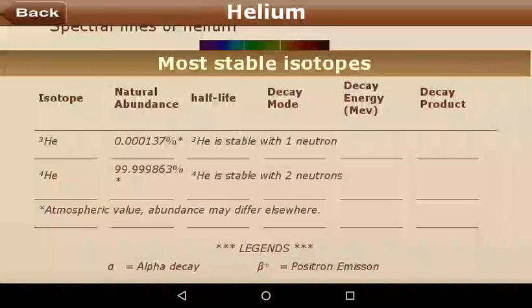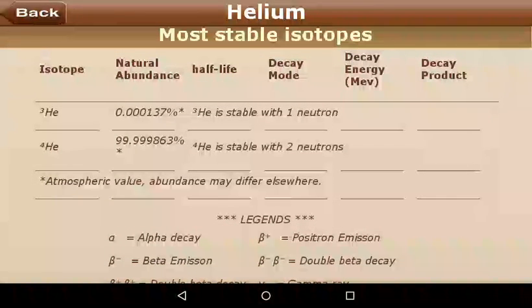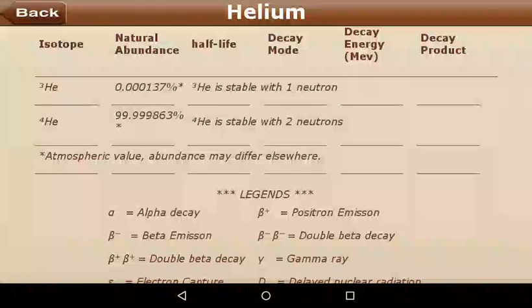That is helium-3 and helium-4. Helium-3 makes up 0.000137%, and it is stable with 1 neutron. 99.999863% of helium is helium-4, which is stable with 2 neutrons. So helium-3 has 1 neutron, while helium-4 has 2 neutrons. All these are stable.